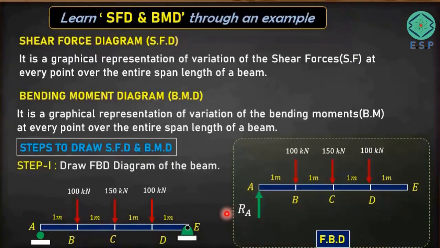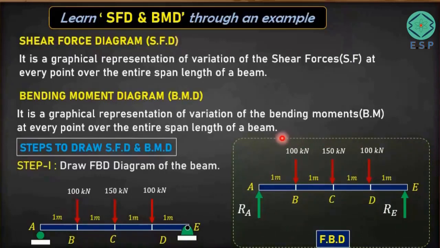Because point E is a hinge support, it should have two reactions, one in the vertical direction and the other in the horizontal direction. But there is no horizontal load acting on the beam, so there won't be any horizontal reaction at point E. We will have only a vertical reaction RE, acting in the upward direction. So this is the free body diagram.